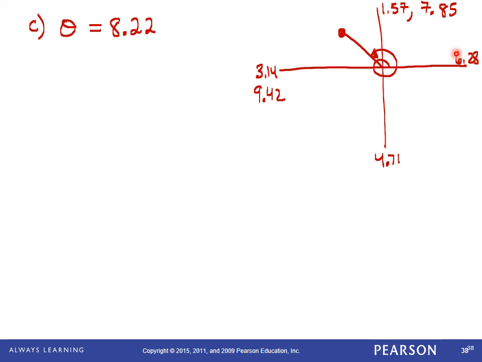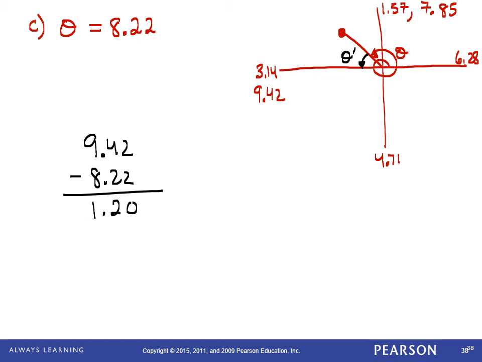We're not quite at 9.42. So really the reference angle is going to be 9.42 minus 8.22. And when we do that, we get 1.2, or 1.20, it doesn't matter. Any one of those is just fine.